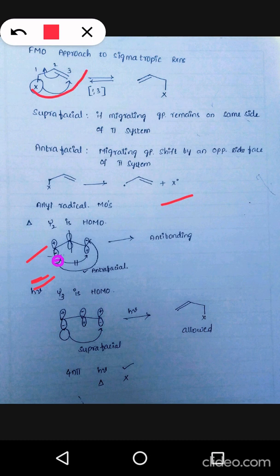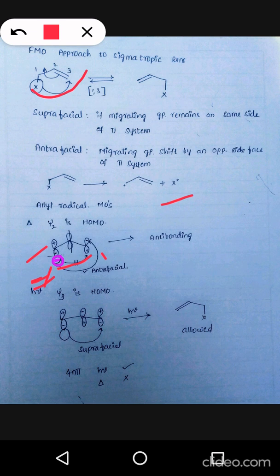So move the purple lobe from one end of the molecular orbital to the other end. When it is moving, the minus lobe moves from one end to the other, but it has to interact with a positive lobe. So this interaction is not possible, and bonding does not take place.